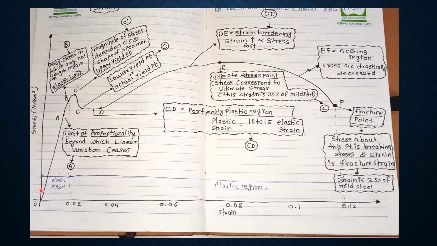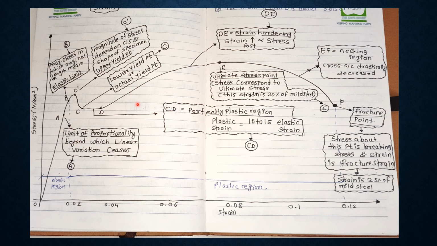On the x-axis the independent variable, strain, is mentioned, and on the y-axis the dependent variable, stress. Stress is in Newton per mm square and strain is unitless.